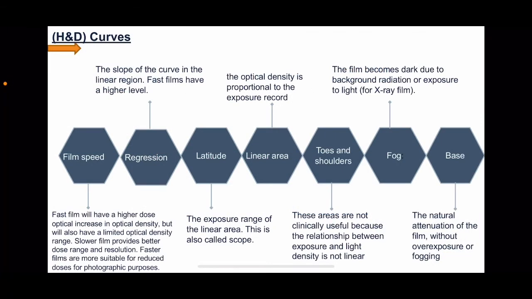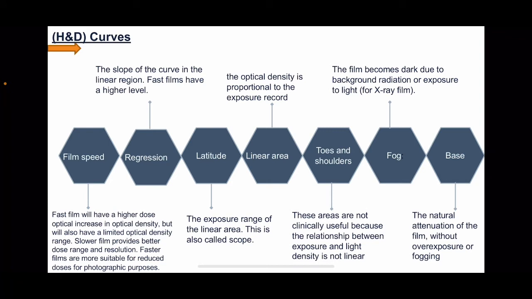H and D curve. Film speed: fast film will have a higher increase in optical density per dose, but will also have a limited optical density range. Slower film will provide better dose range and resolution.